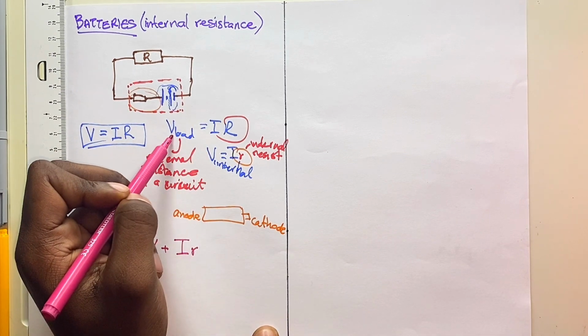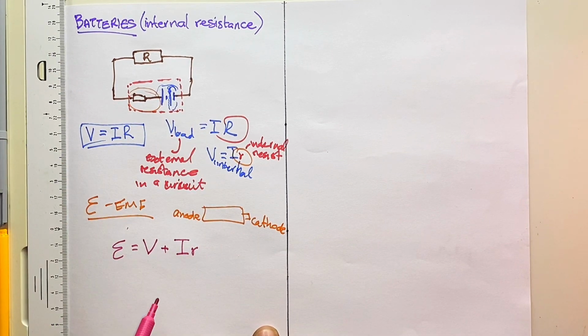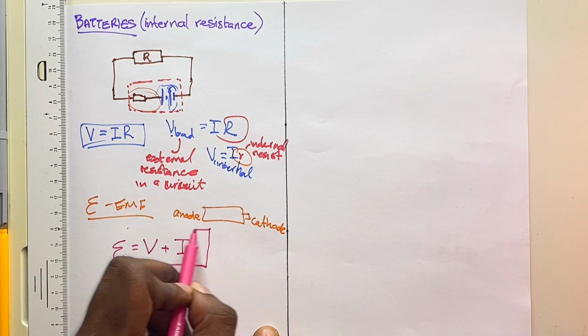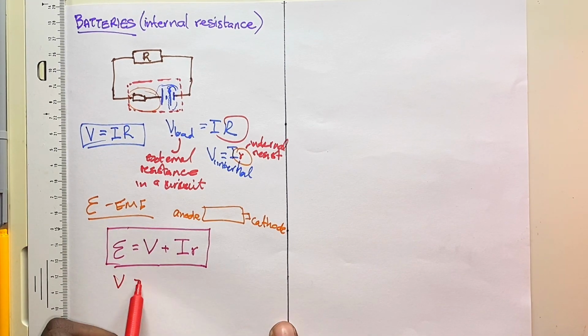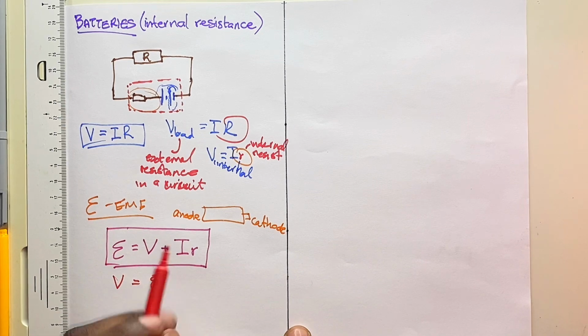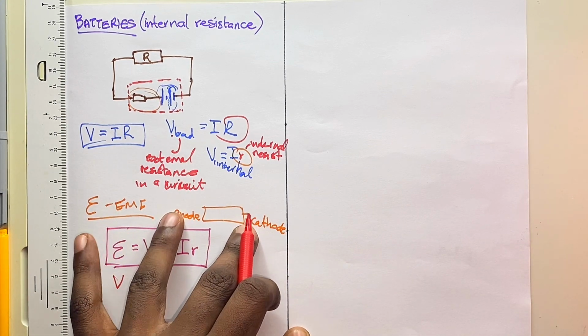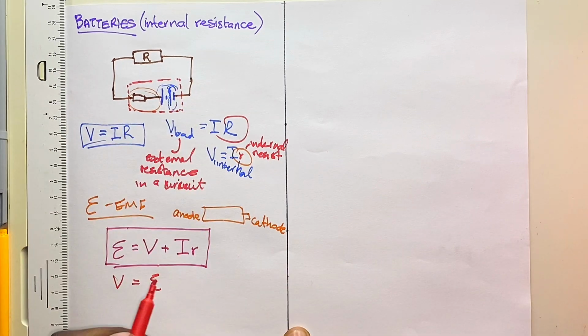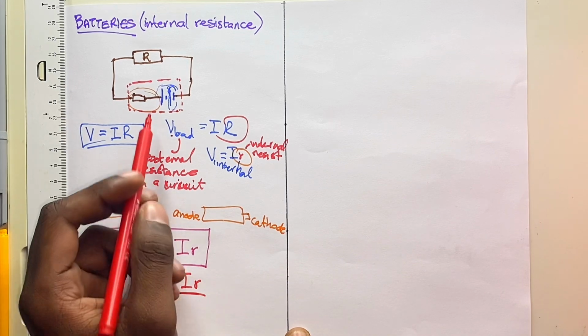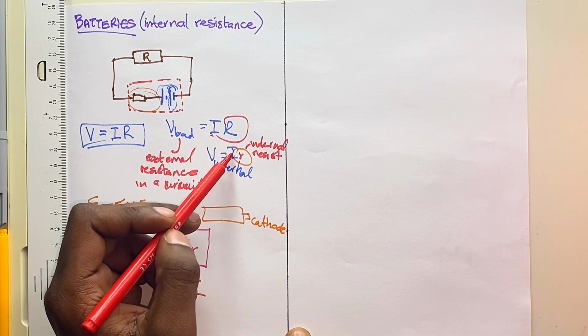So we take V load plus V internal using this formula, which means that if I wanted to calculate my external voltage, I will just take the total EMF, which you can find by calculating or measuring the voltage of the battery before you connect it to a circuit, and then subtract the internal voltage. Remember that we use the total current in either case.